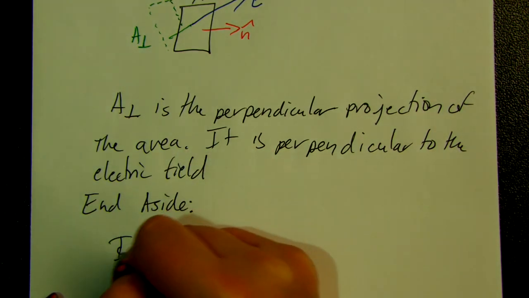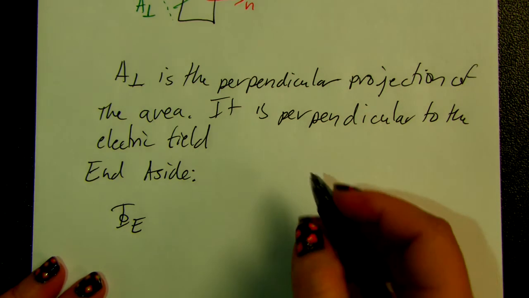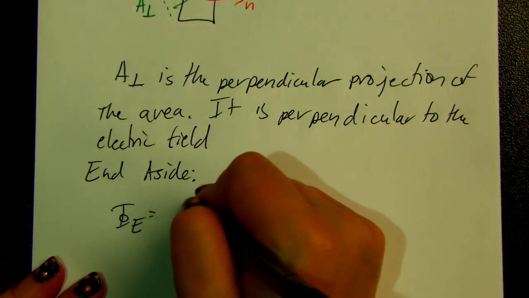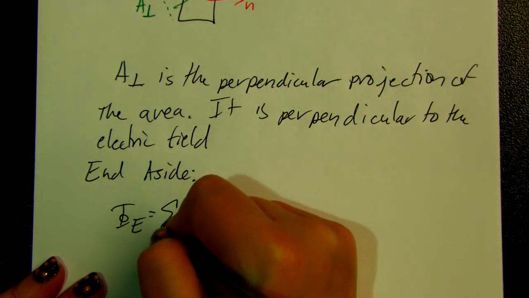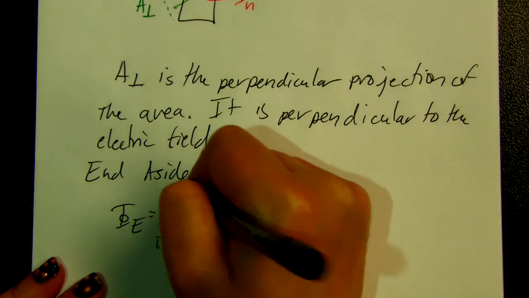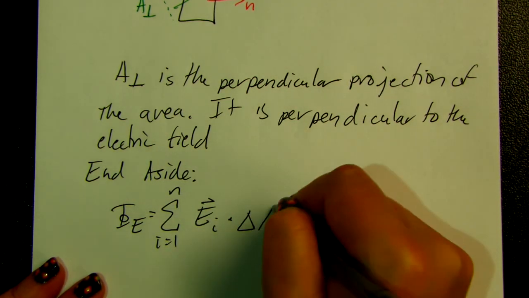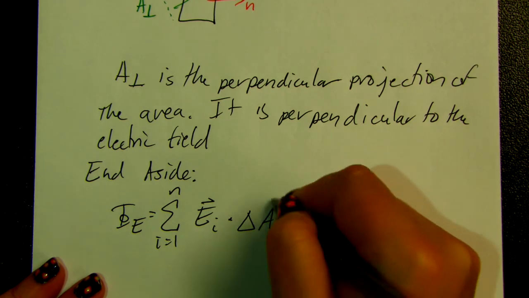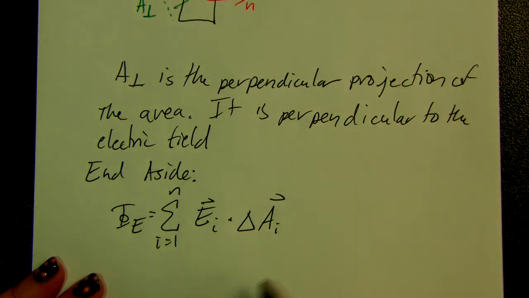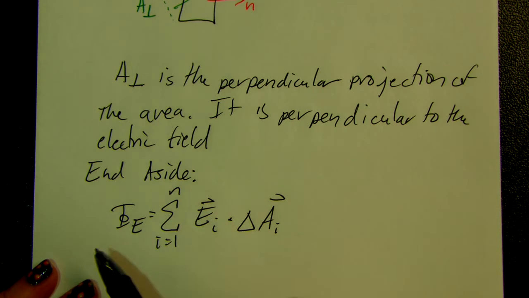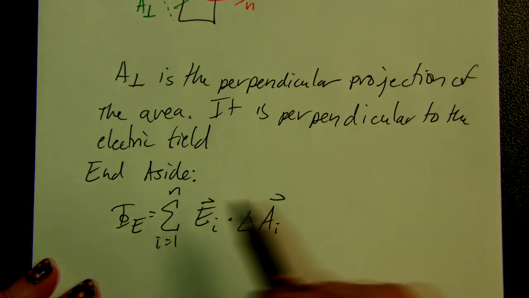Let's go back to this sum expression for flux. Electric flux is equal to the sum from i equals 1 to n of E_i dot delta A_i. So basically you're just summing up all of these field lines over this area.